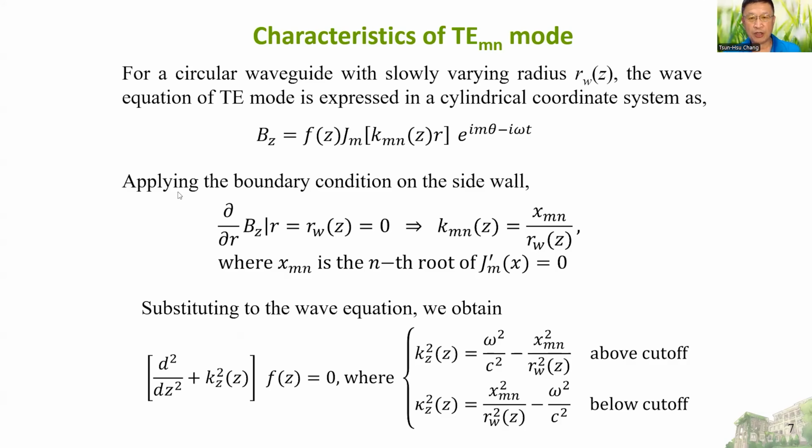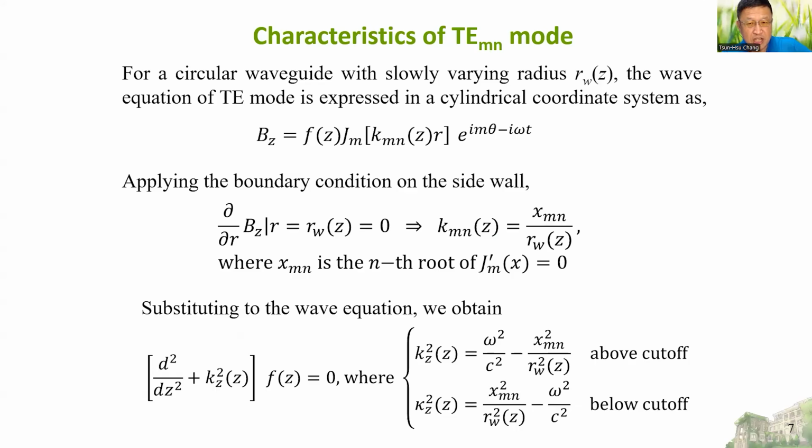Now we are going to apply the boundary conditions on the side wall, on the metal wall. The simplest one, you have multiple choices. The normal component of B, that will be B_r, should be 0.